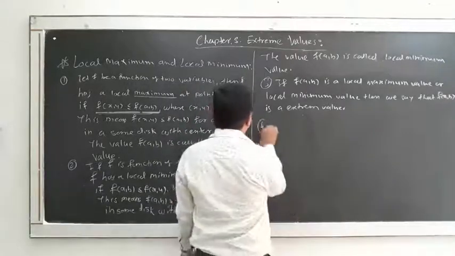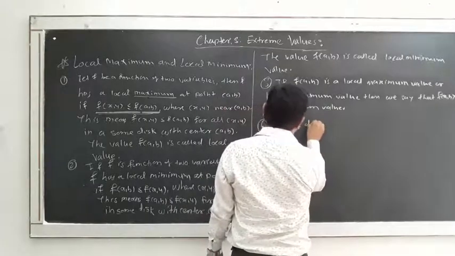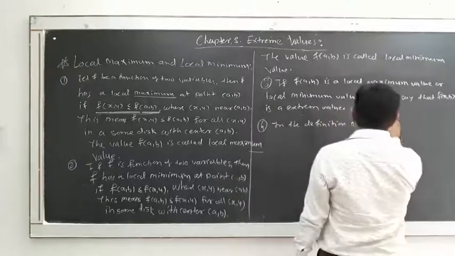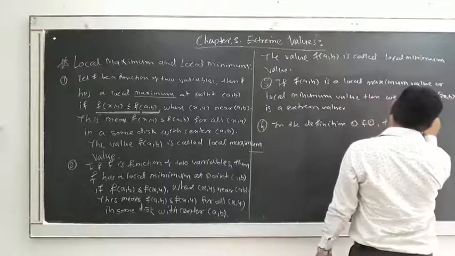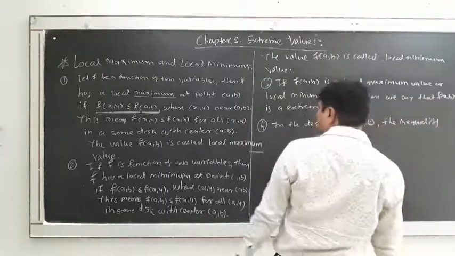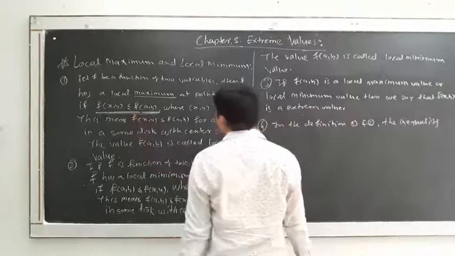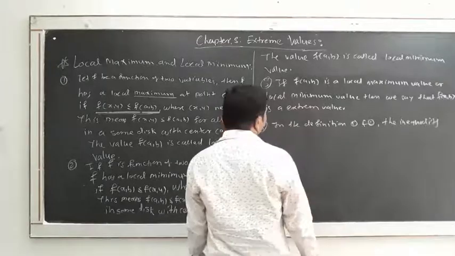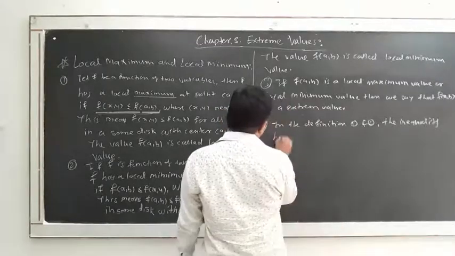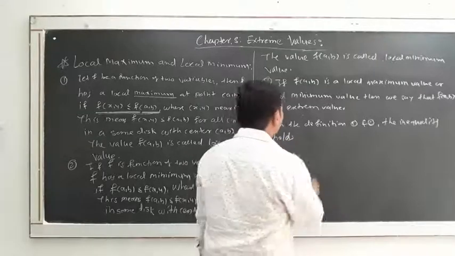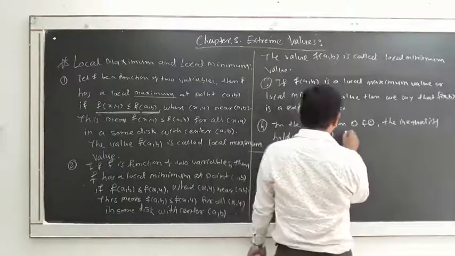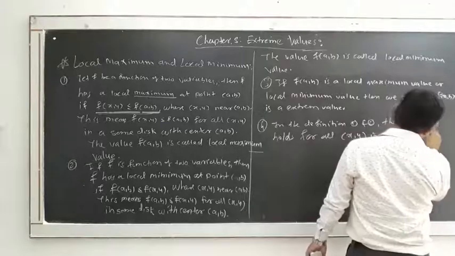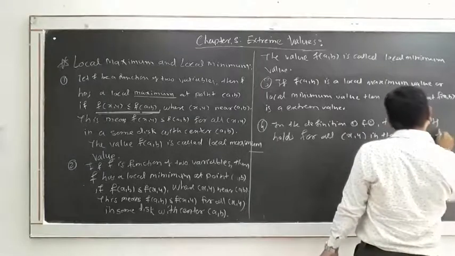Then the fourth definition. In the first and second definitions, the inequality f(x, y) less than or equal to f(a, b), or f(a, b) less than or equal to f(x, y), holds for all (x, y) in the domain of f.